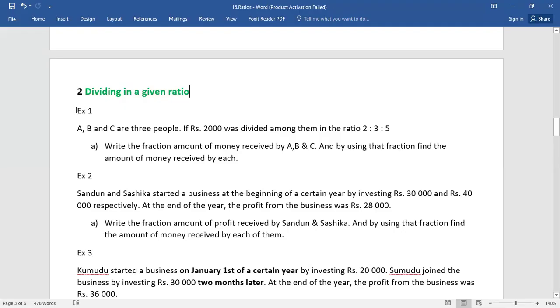Please write down this example. You have to write down the subtitle dividing in a given ratio, and you have to write down example number 1.